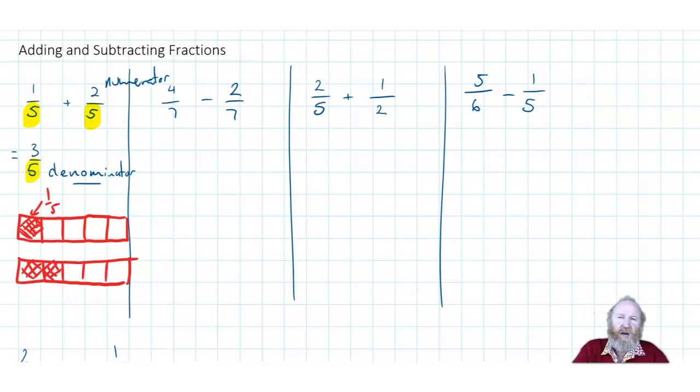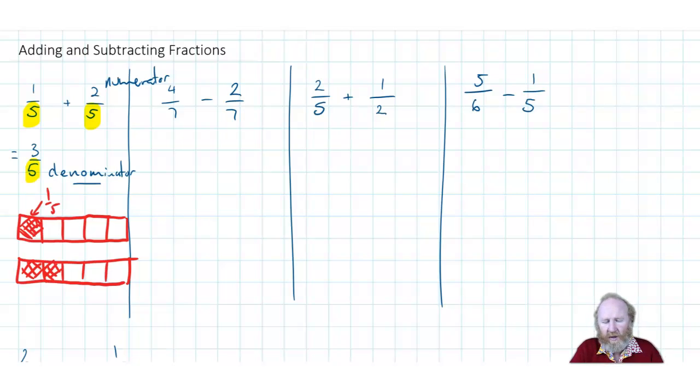The type of thing I am adding together is fifths. That's the name of these things. They are fifths. They will still be fifths when I have finished adding them together. 1/5, 2/5, 3/5. The number at the bottom becomes a name for that type of thing. When you're adding that type of thing together, you've still got the same type of thing.